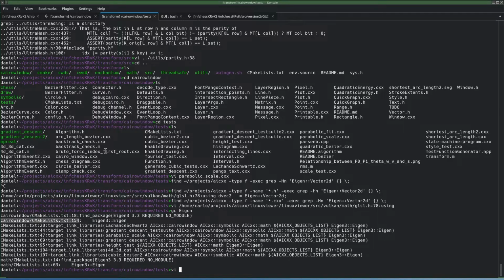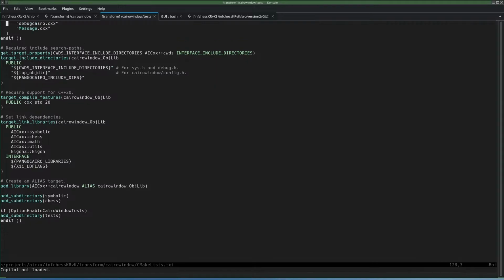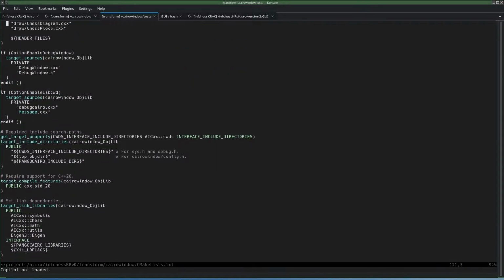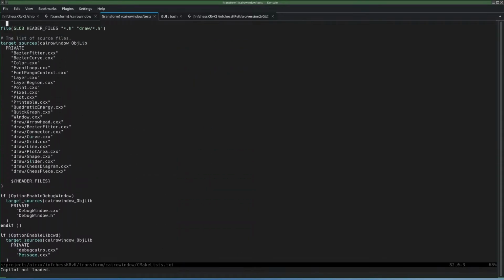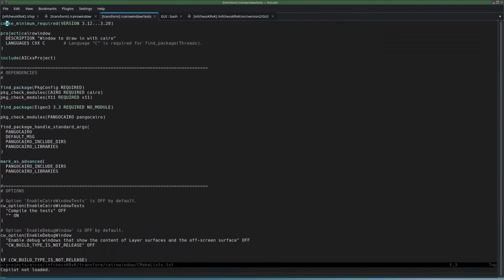Cairowindow has it already. So this now becomes a requirement on math as well.